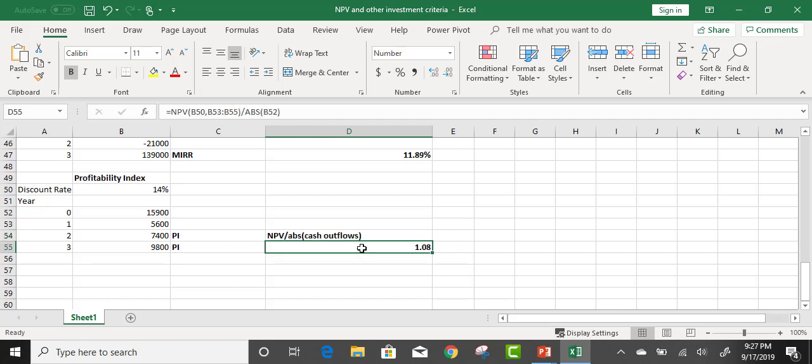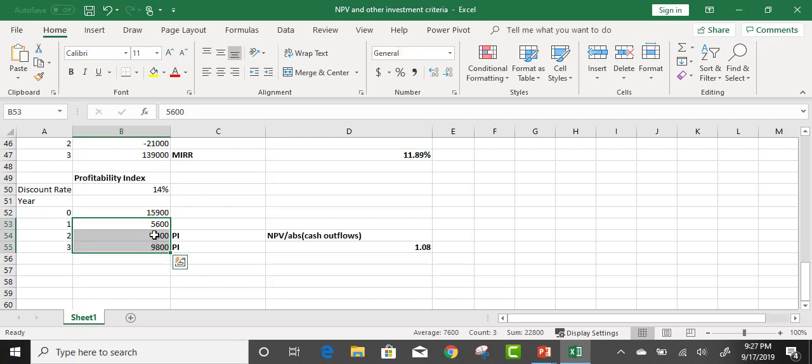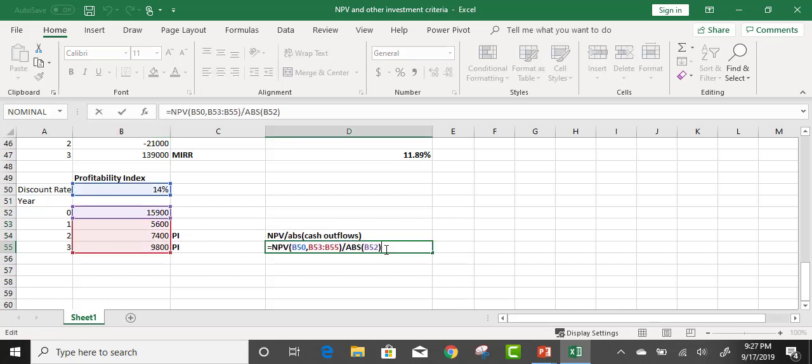The NPV here is the total PV of all the cash inflows. We are ignoring the cash outflow because we are dividing the total PV of cash inflows by the cash outflow. So that will take into account the rate of return, or the discount rate, or the required return, followed by the cash inflow, close the bracket, which will give you the total PV of cash inflows divided by cash outflows.